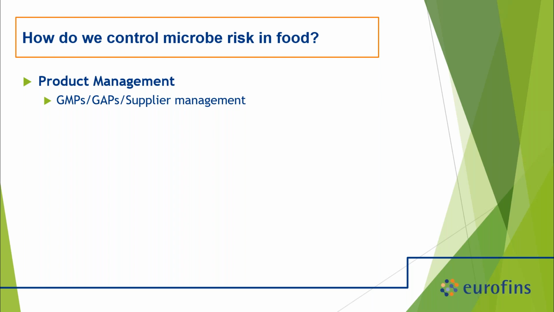We do that with good manufacturing practices, good agricultural practices, and supplier management, basically looking at how we handle the product itself in processing to make sure that we aren't introducing, and potentially that we're mitigating, risk. We then design our HACCP programs, our hazard analysis and critical control point programs, and our HARPC, the FSMA equivalent, the hazard analysis and risk-based preventive controls, for our products to make sure we identify what those microbial risks are and that we design our process to the best of our ability to control it.